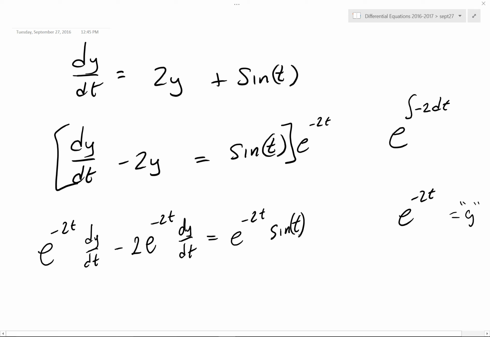Like so. Oops, that should be y right there. Now, if you're paying attention closely right here, what is the derivative of e to the negative 2t? It's negative 2e to the negative 2t. Oh man, there it is.